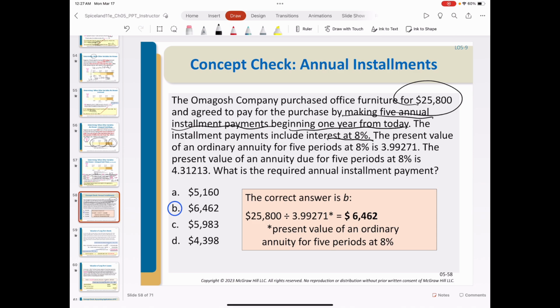Interest is 8%, N is 5, and we're also given the present value factor of an ordinary annuity for 5 years at 8%, which is 3.99271. So we just use the present value factor to divide the present value of this annuity, so we can get the payment amount, $6,462.